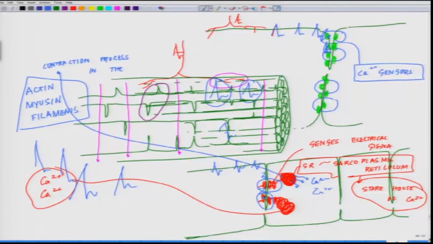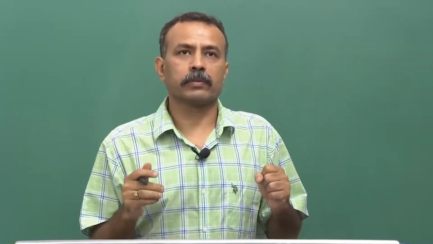So that whole movement on the actin myosin filament is executed by the calcium which is secreted at that spot.